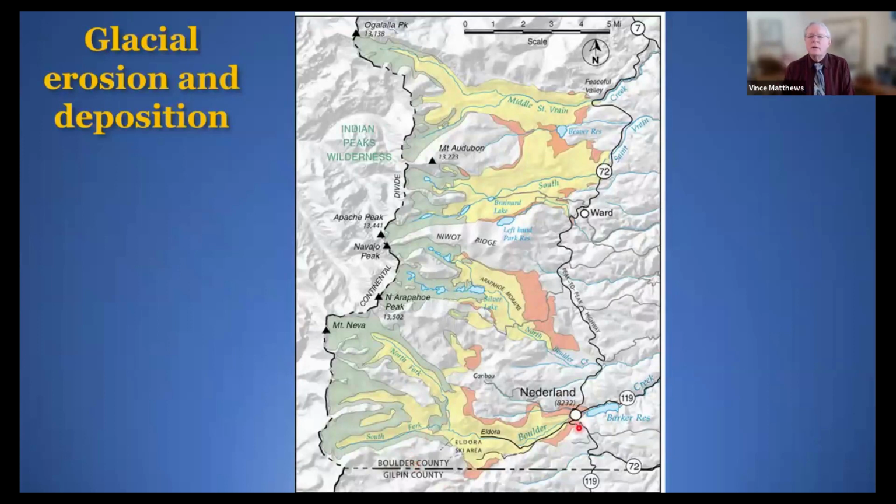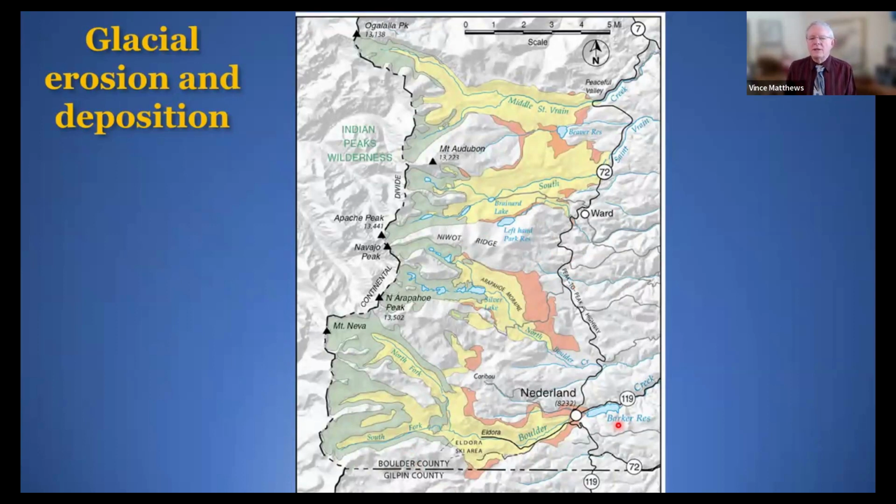Okay, so here is a map of some areas in the Indian Peaks, and the green is bedrock that is exposed today. The yellow and the orange are glacial deposits in front of the glaciers that were coming down those green bedrock valleys. The yellow is Pinedale moraines, and the orange is Bull Lake.